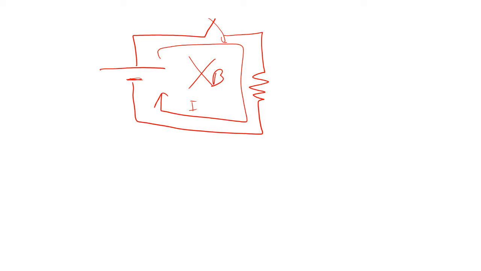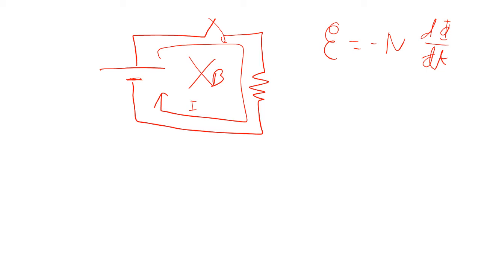Well, we know that EMF was minus N times the derivative of the flux. By the same token, the flux is obviously proportionate to the current. The bigger the current, the bigger the magnetic field.